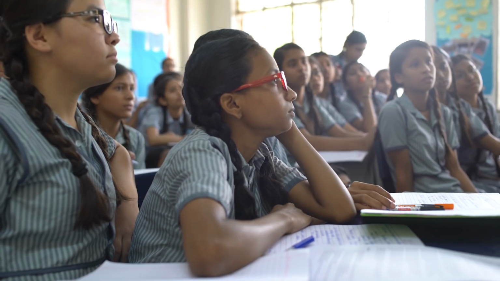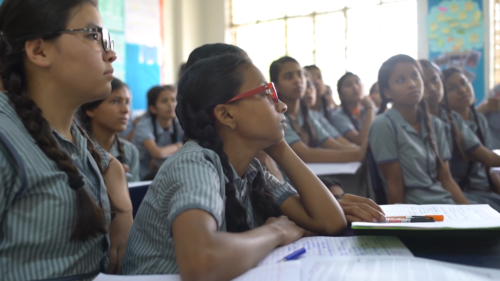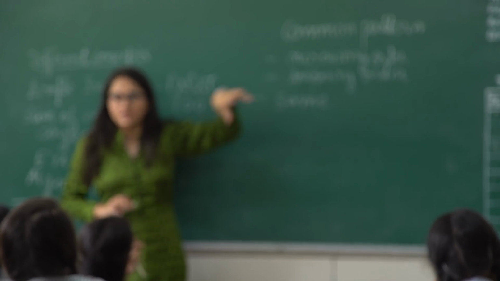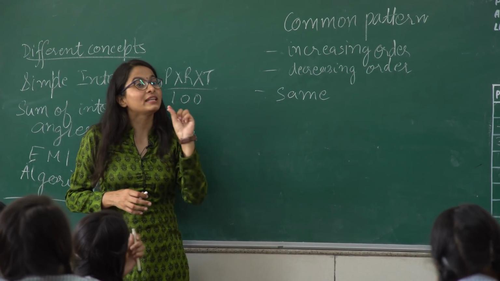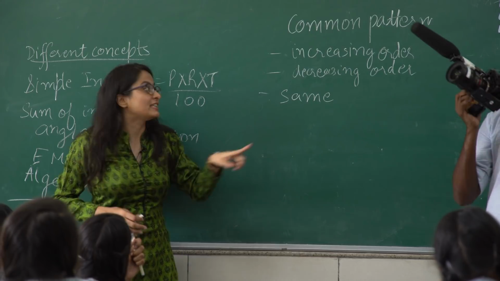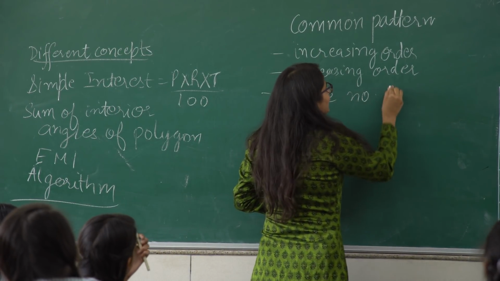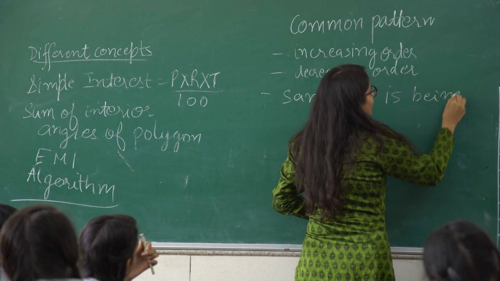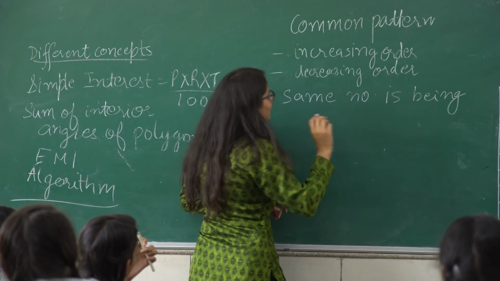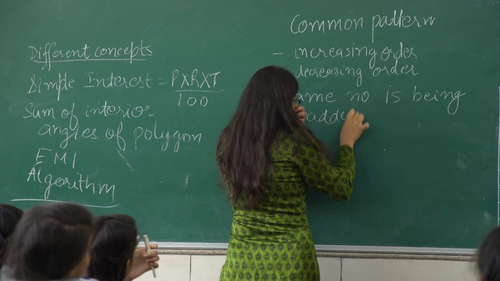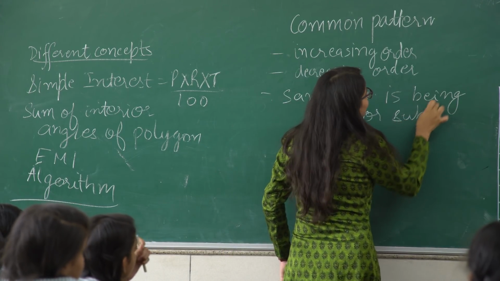So, if I say 3, 5, 11, 21, are they in increasing order? They are also in increasing order, but the main point to note here is they are increasing by the same number. Same number is being added or subtracted.